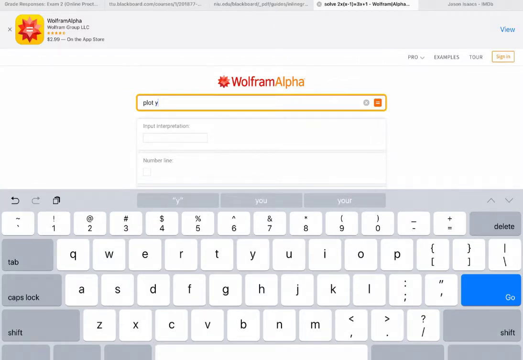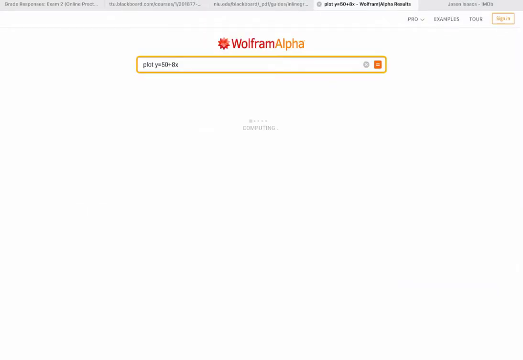I do allow you to use Wolfram Alpha or Wolfie, and it's kind of funny because a couple of semesters ago, one of my classes named it Wolfie, and I ran into some programmers that work with Wolfram Alpha, and I told them my class kind of named Wolfram Alpha Wolfie.